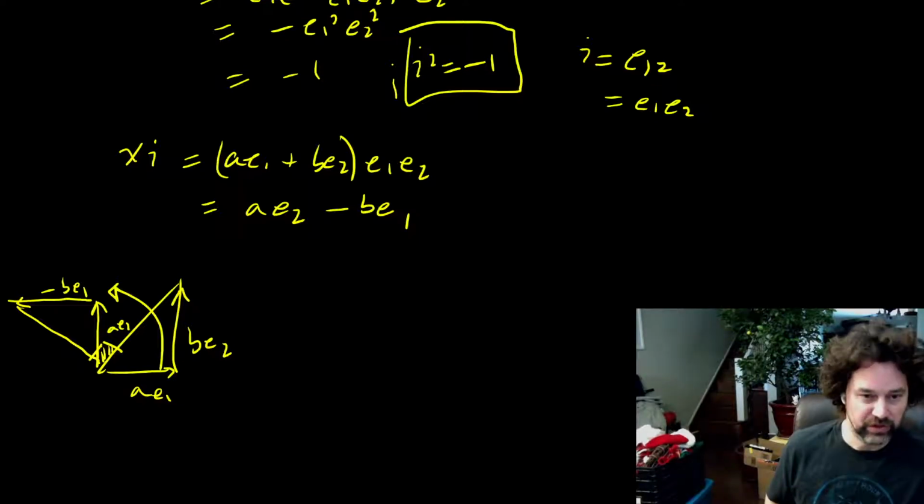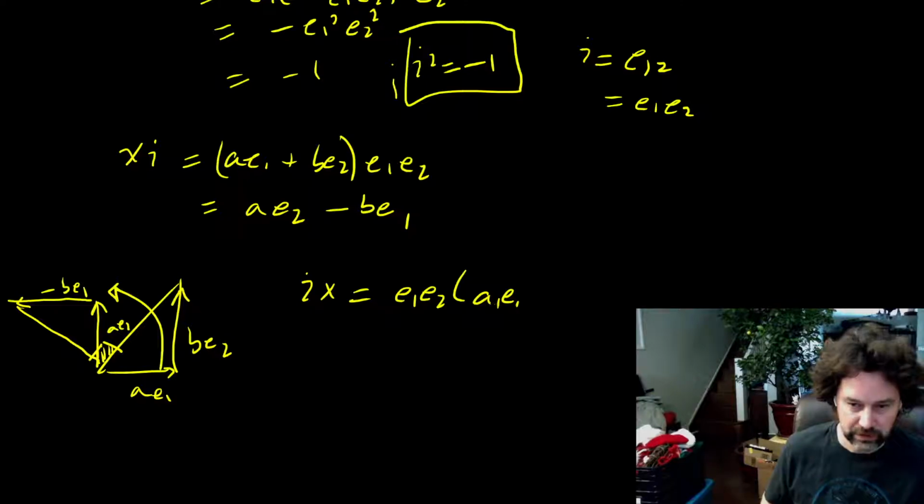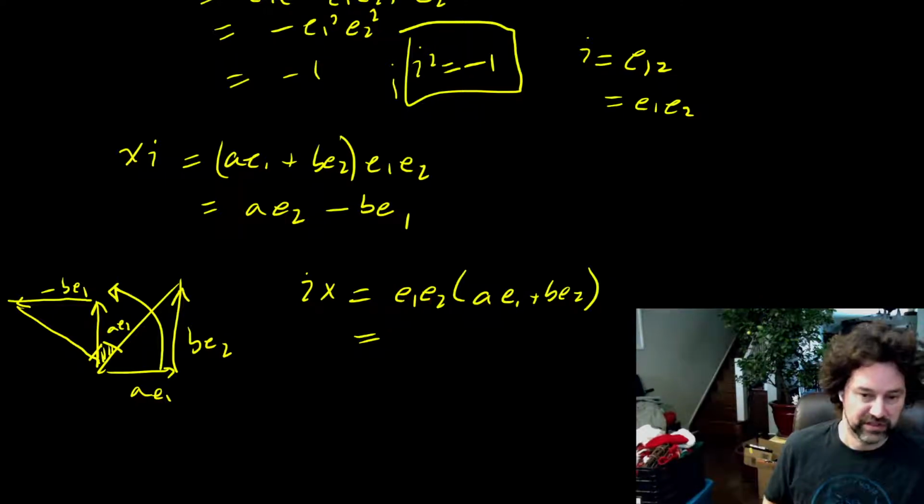So what happens if we multiply on the left? So Ix in this case: E1 E2 times A E1 plus B E2. Now we have E1 times E2 times E1, which is minus E2, and we have E1 times E2 squared, which is E1.